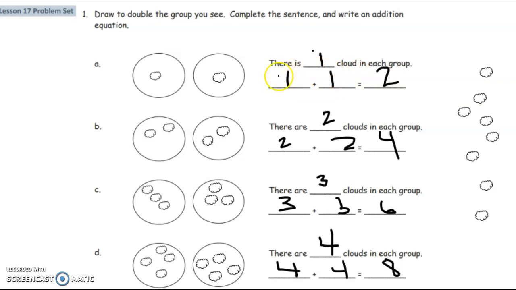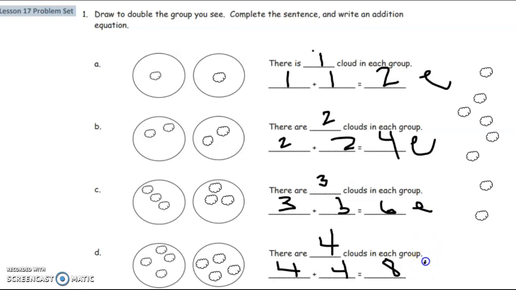But every time I add a double, it looks like I get an even number. Let's see if that's true. Ones are doubles. That's 2. Yes, that number is even. These two numbers are doubles, and this total is even.